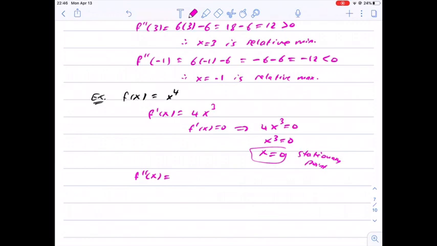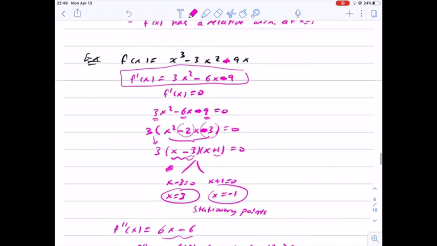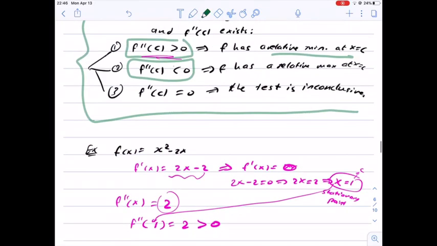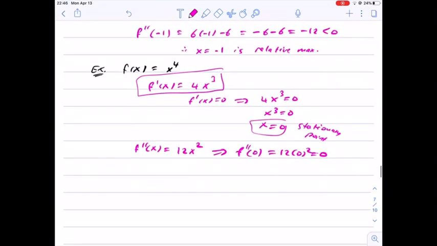After that, we find the second derivative of the function, that means the derivative of the first derivative. It's 12x squared, and then we substitute our stationary point to get 12 times 0 squared, and that's equal to 0. But if the second derivative is equal to 0, that means our test is inconclusive.